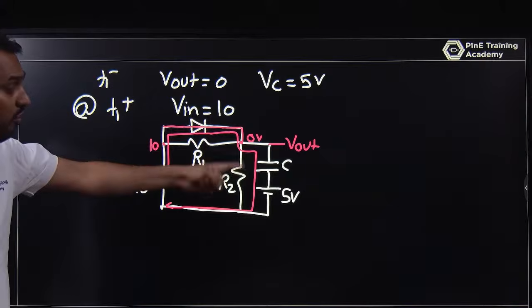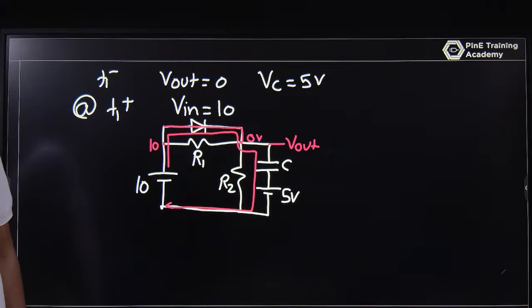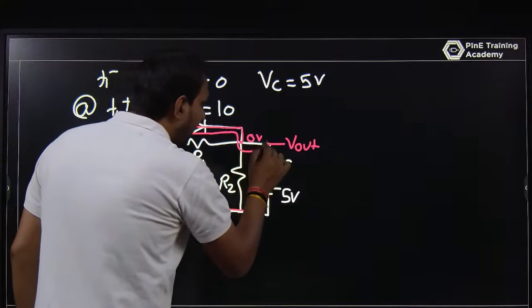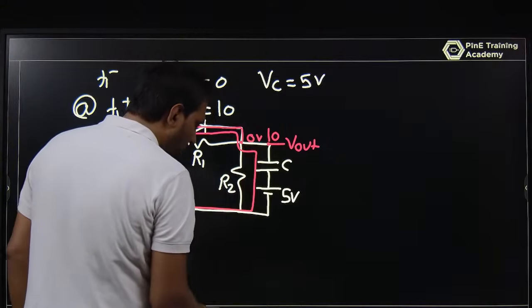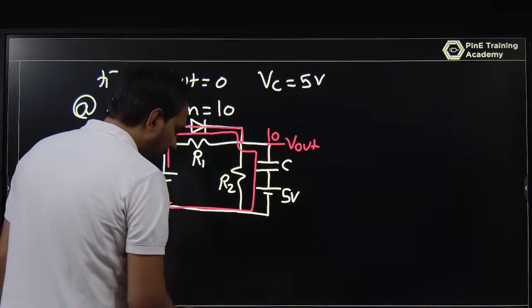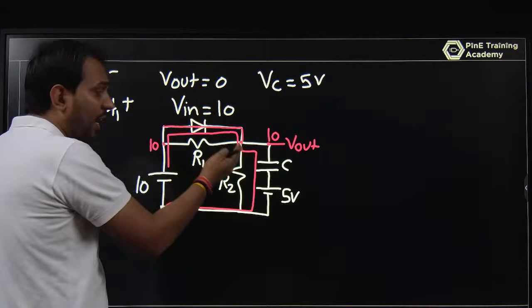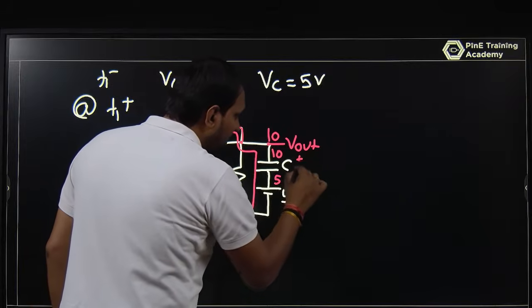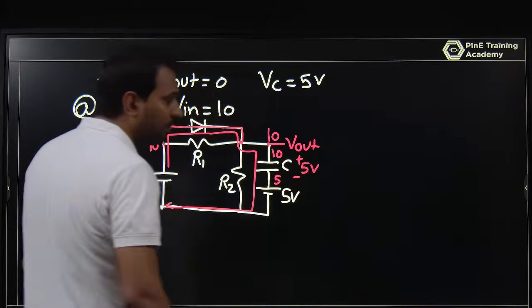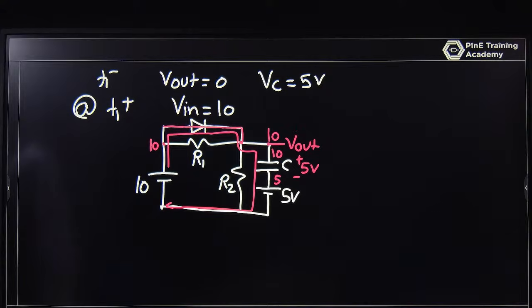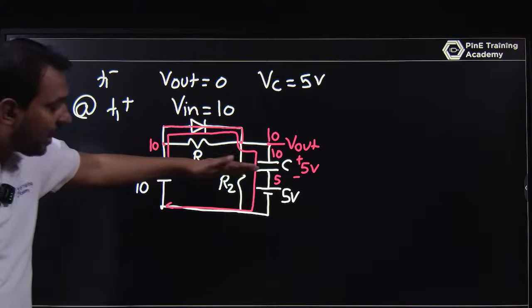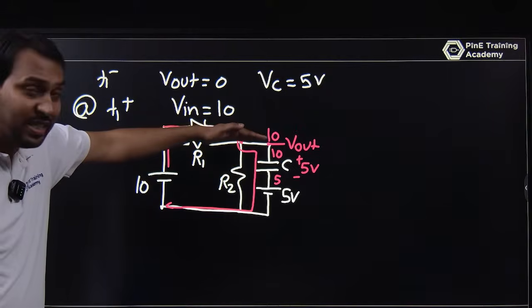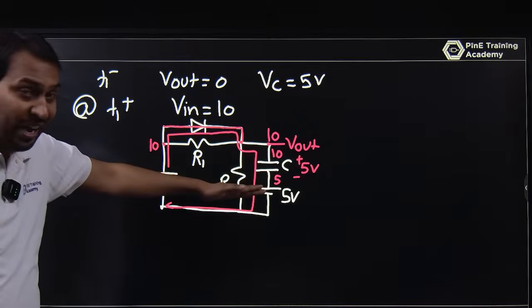So the capacitor will allow a sudden change. What is the voltage of that? This is 10 there. It will not be 0. It will suddenly reach 10. This is 10. This is 5. In the previous case, the bottom side is positive and the upper side is negative due to this 5 volt.